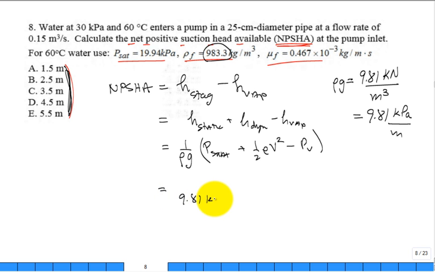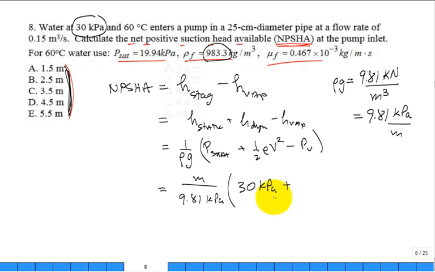9.81 kilopascal per meter multiplied by, what's my static pressure? Oh, it's 30 kilopascal. Plus, what's my velocity or dynamic pressure?